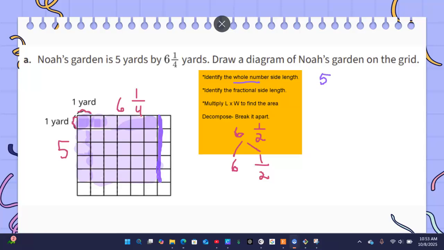Let me make my correction right here because it was 1/4, not 1/2. Whenever we're decomposing, we break those two numbers apart, and we attach that understanding to multiplying. We're going to multiply the wholes first.